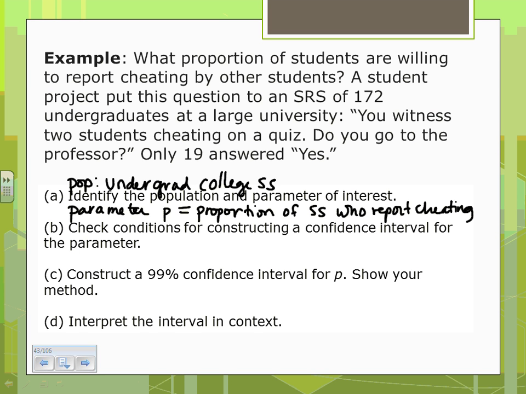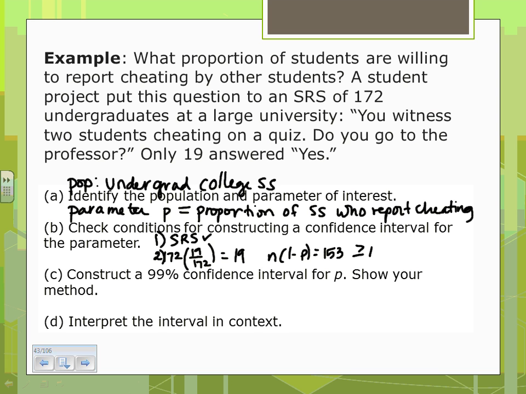Okay. So then the next thing we need to do is check that the conditions are met. So let's see, is it random? It said it was an SRS, so we're good to go there. Is it normal? So we need to do n times p and n times 1 minus p. And so let's see, our n was 172 times p was 19 out of 172, which would just give me 19. So our n times 1 minus p would actually be 153.